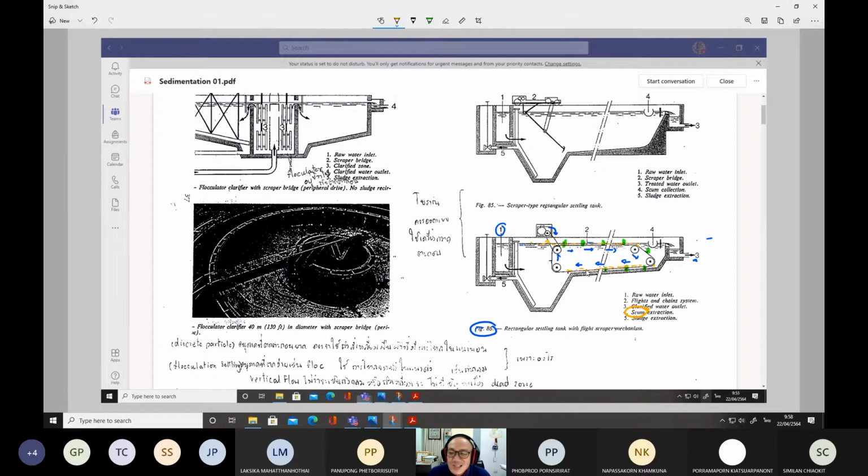So this chain not only pushes the settled sludge to the bottom, but it also acts as equipment trying to collect these scums and bring them and leave them in a basket or in a scum extraction.